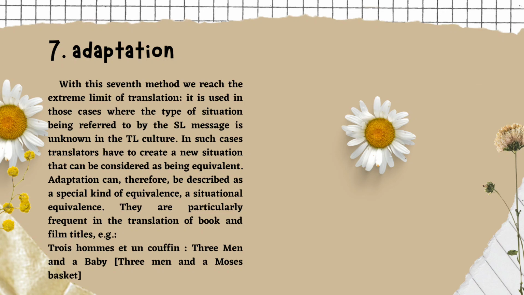Adaptation can therefore be described as a special kind of equivalence, a situational equivalence. They are particularly frequent in the translating of book and film titles. Example, Trois hommes et un couffin. The meaning is Three Men and a Baby.